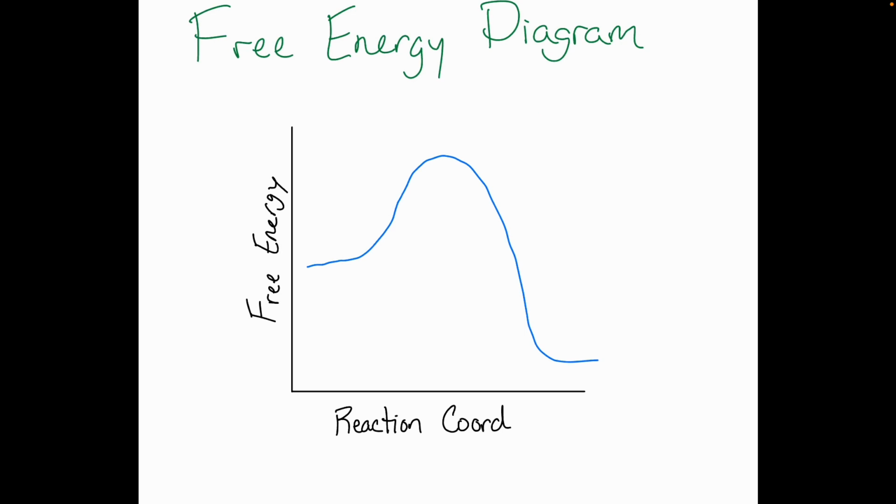Over here on the left-hand side of my graph, this little plateau where it starts out, this is the free energy of my reactants. All right? When those reactants get converted to products, we got to put energy in to break bonds. So that energy of our system is going to increase before finally those new bonds form, releasing energy, and that's what we have over here, the energy of our products.